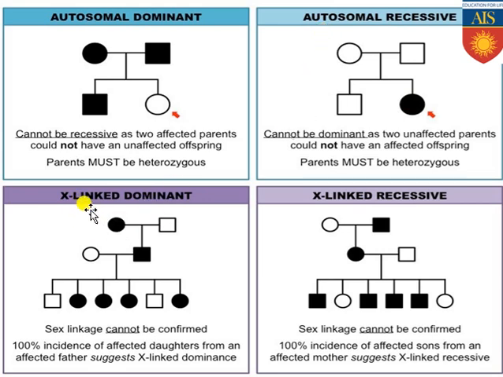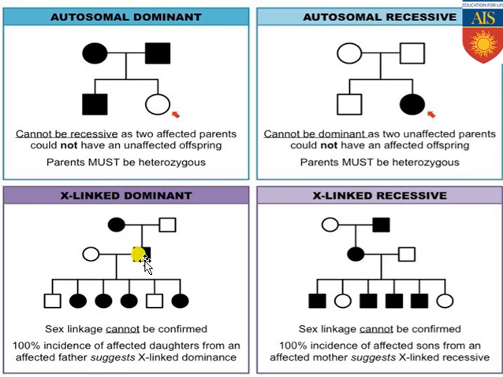If you consider the X-linked dominant trait, you can see that in each and every generation an affected individual is present, so for that reason it is a dominant trait. And sex linkage cannot be confirmed from this pedigree chart, but if you look very carefully, the mother is affected, and the one son born is affected.